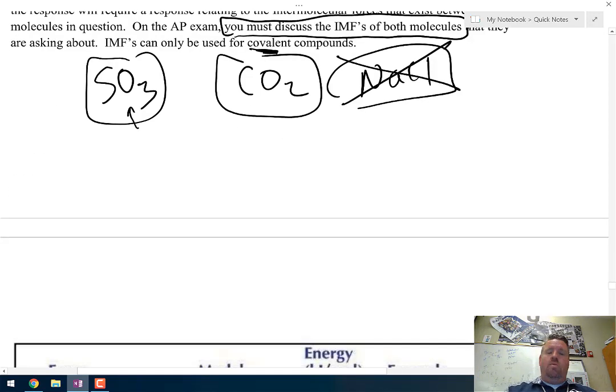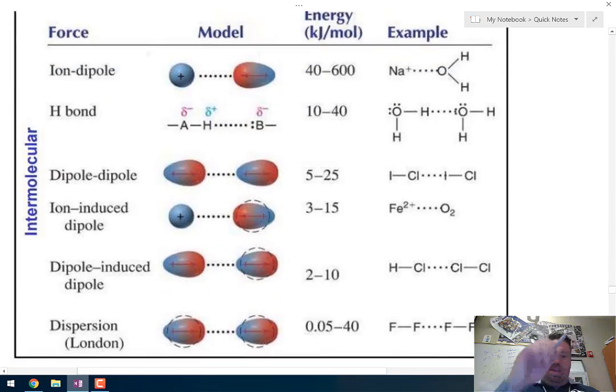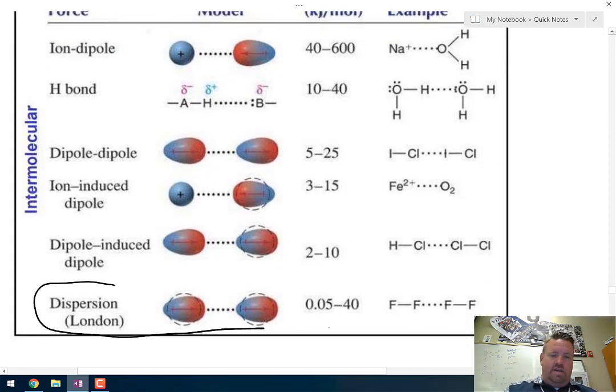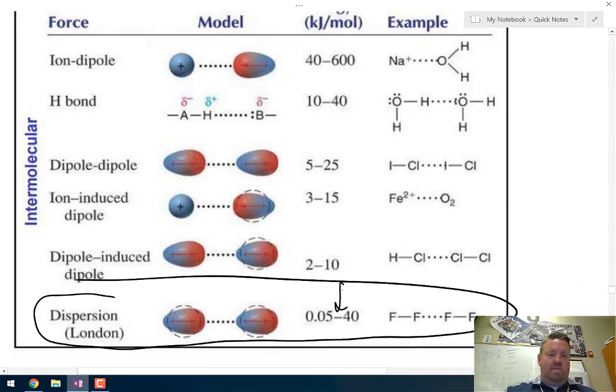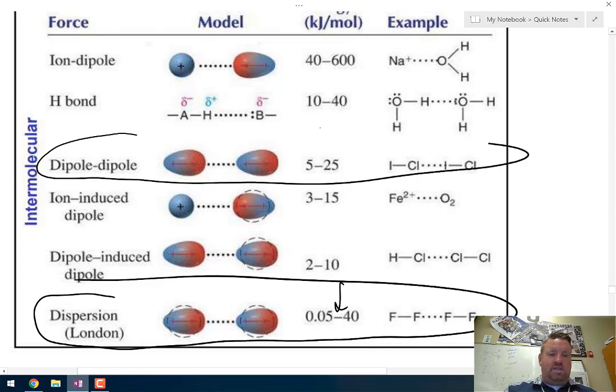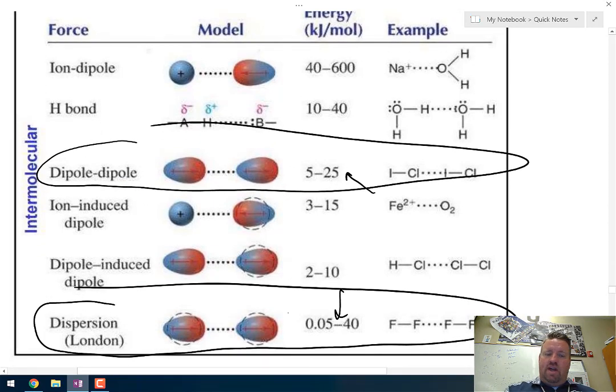Okay, let's look at this here real quick. Some of the ones we talked about: the three main intermolecular forces are London dispersion forces, again typically energy-wise pretty weak. You can also have dipole-dipole forces, which typically are stronger, as you can see here, than a London dispersion force. But notice sometimes London dispersion can be kind of high, and the dipole-dipole a little bit lower.